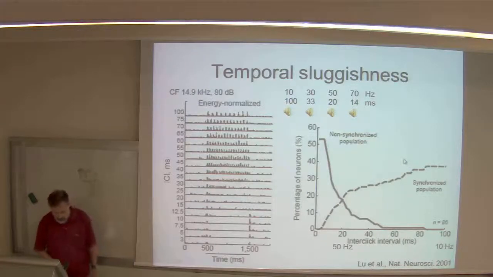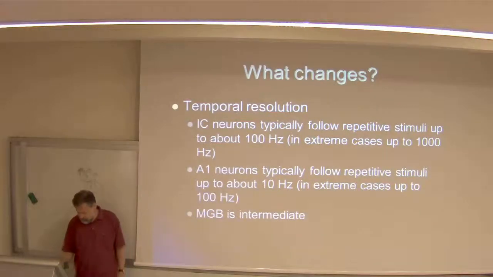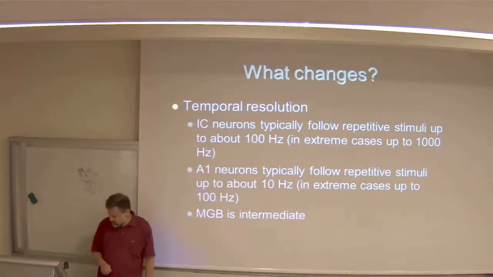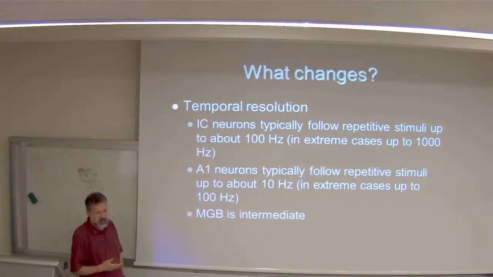Okay, so neurons in the inferior colliculus don't have any trouble following such sequences at 70 hertz, even 100 hertz. Actually, in the auditory nerve, neurons would follow sequences of clicks up to hundreds of hertz.